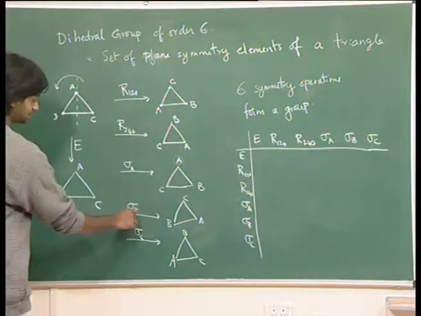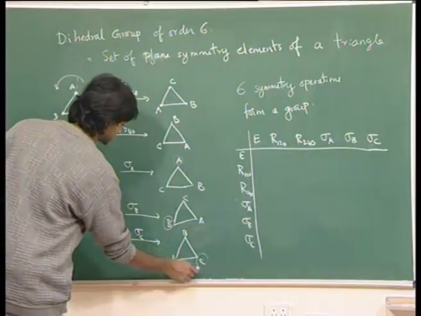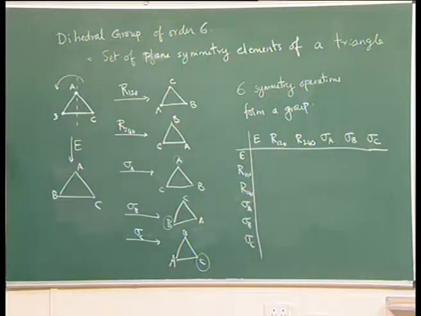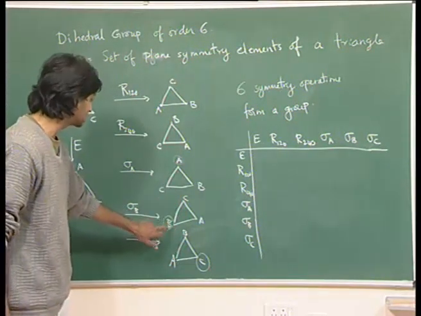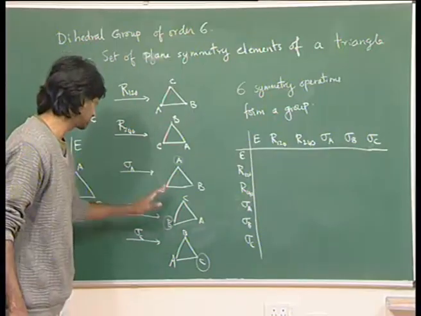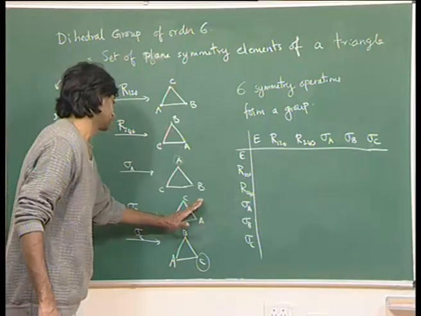Okay. Sigma B is with respect to this point, and sigma C is with respect to this point. So, it is always this point. So, even if I do sigma B twice, I will always reflect about this plane.